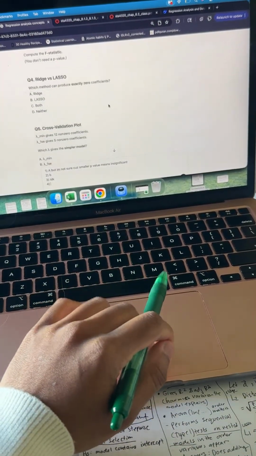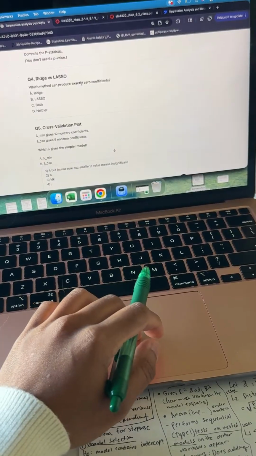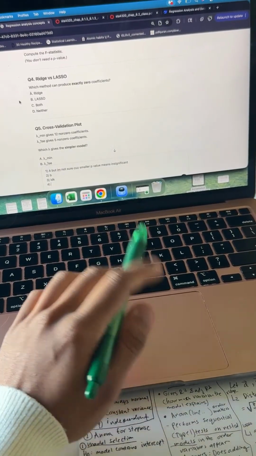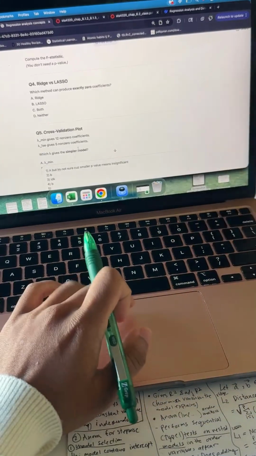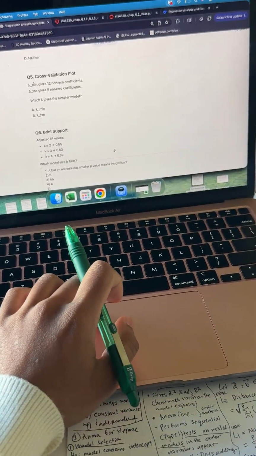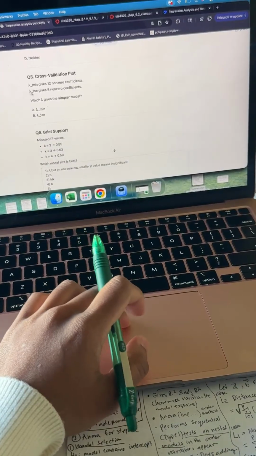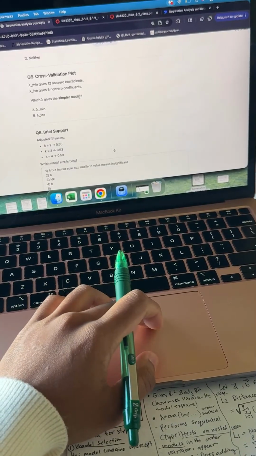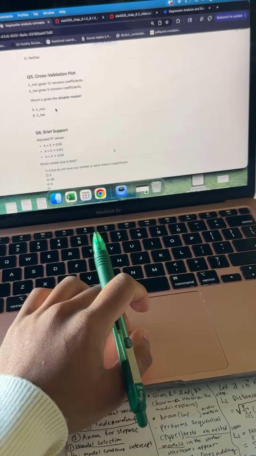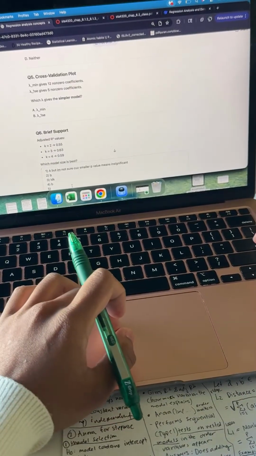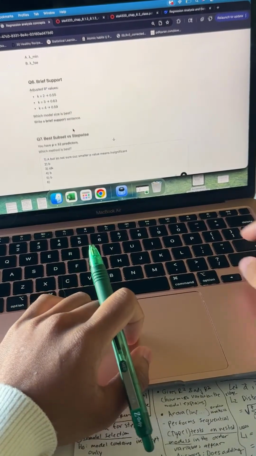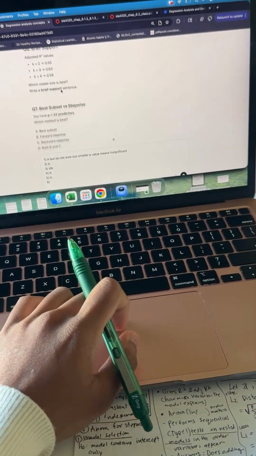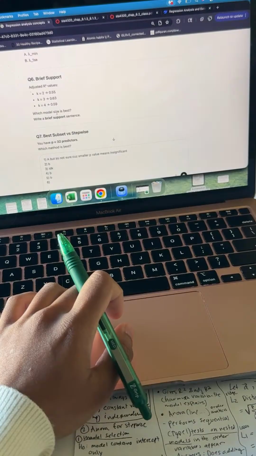But the ridge versus lasso, which method can produce exactly 0 coefficients? Lasso. B. Number 5, cross-validation plots. Lambda min gives 12 non-zero coefficients, lambda 1se gives 5. Which value gives a simpler model? B. And then 6 would be brief support. Adjusted R-squared values. Which model size is best?